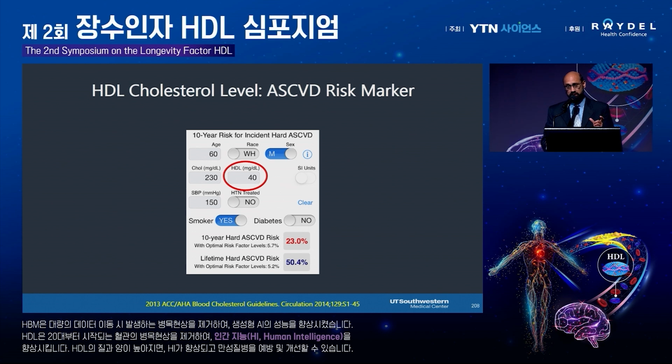But HDL cholesterol levels do not reflect all of the quality and functionality of HDL. So while it's a powerful marker for predicting risk, it doesn't give precise information on how HDL is working and how you can manipulate it.